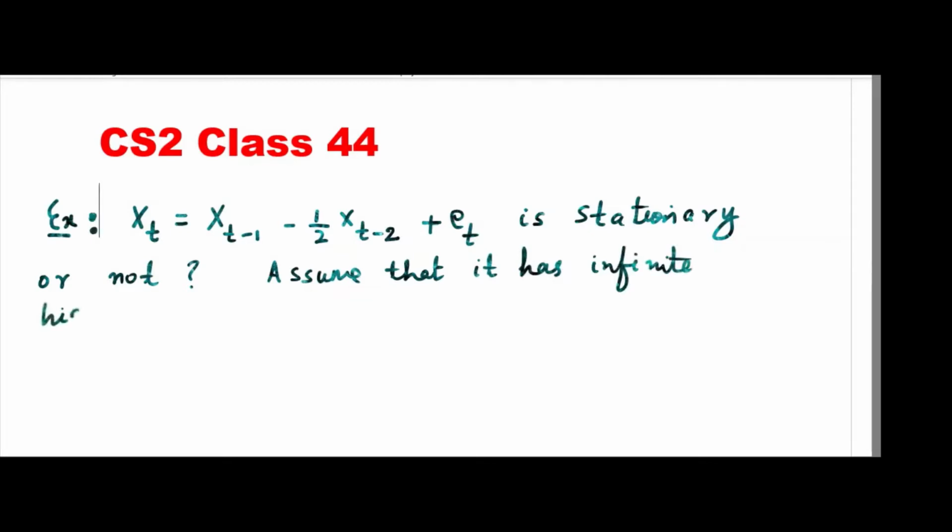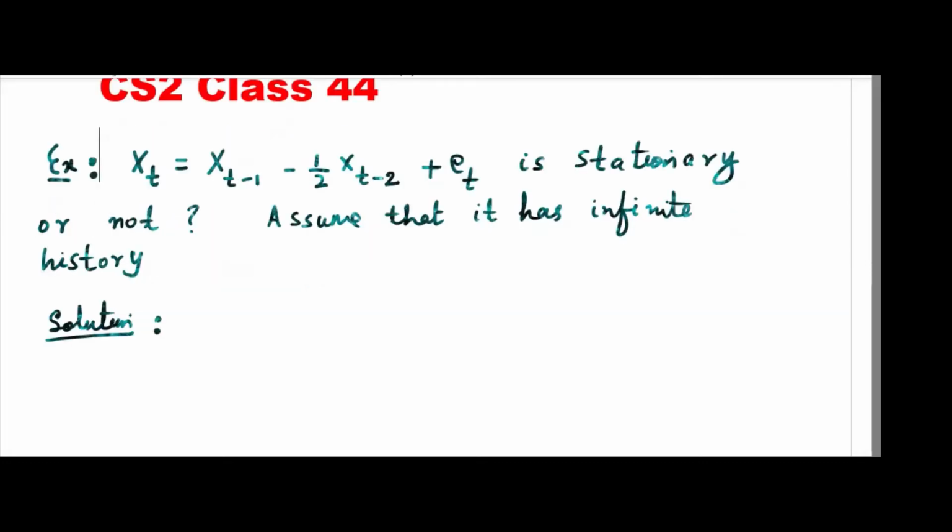Even if this is not written as infinite history, we always accept it with infinite history. AR are the long-term models. We'll do MA today. We'll see they are the short-term memory models.